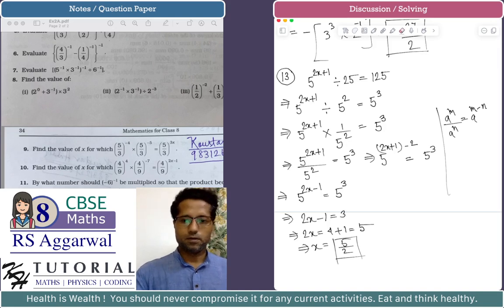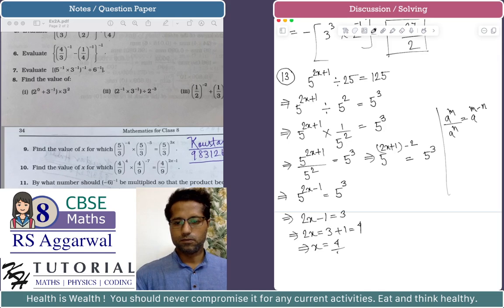So we have 2x equals 3 plus 1, which is equal to 4. So x is equal to 4 by 2, which is equal to 2.